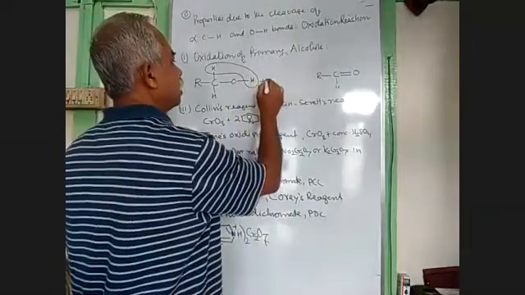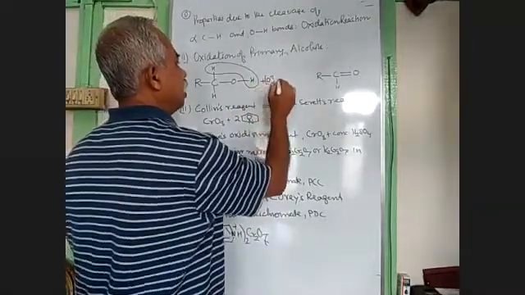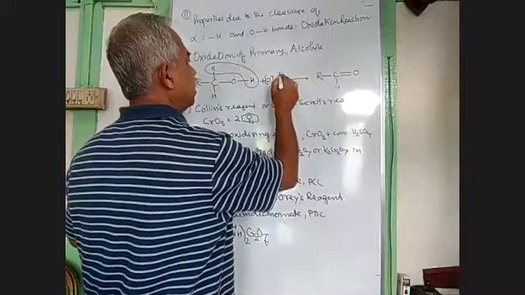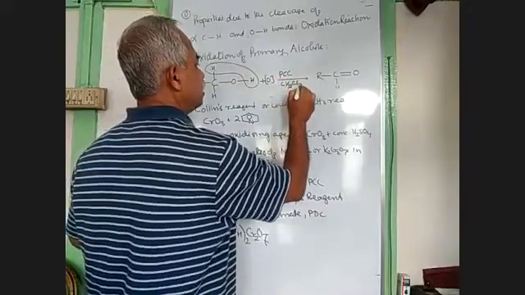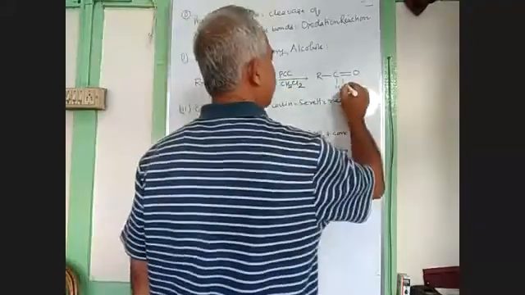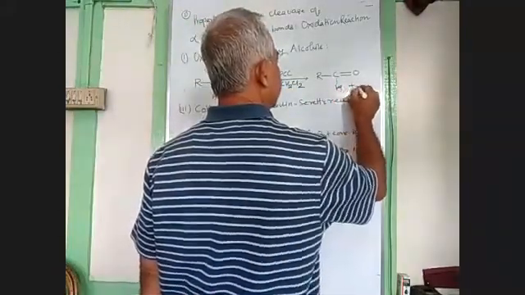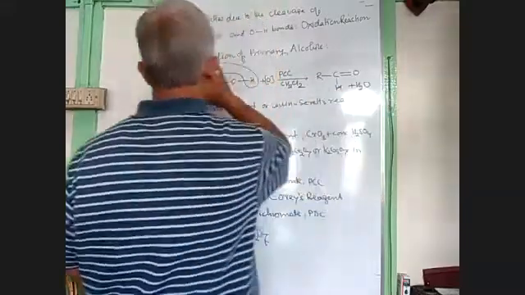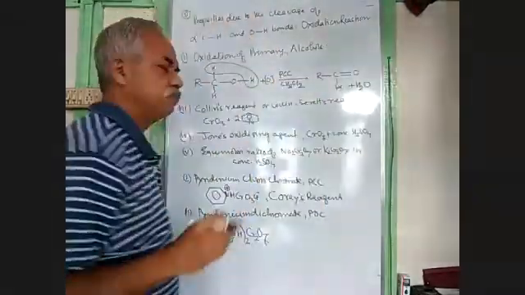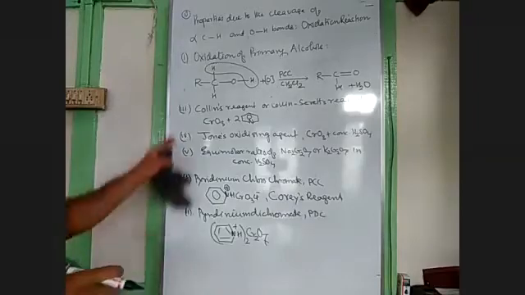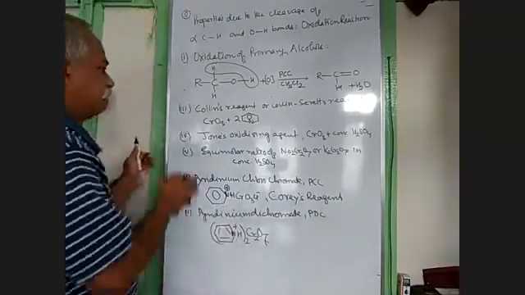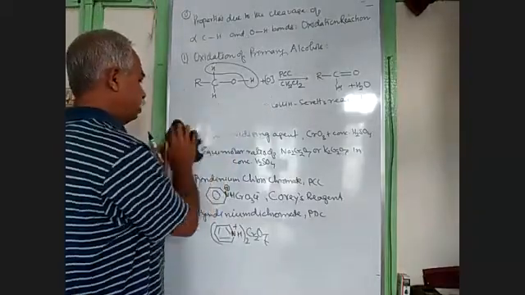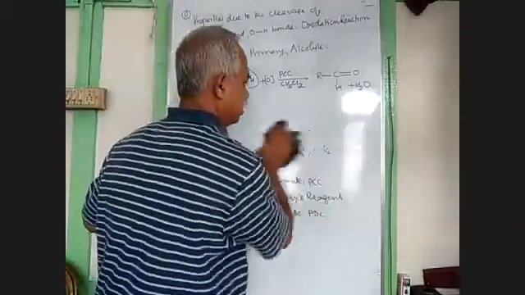Here I am going to write PCC and here CH2Cl2. So this is our general equation. This equation is often asked in exams. Okay. Now I'll do a specific reaction.